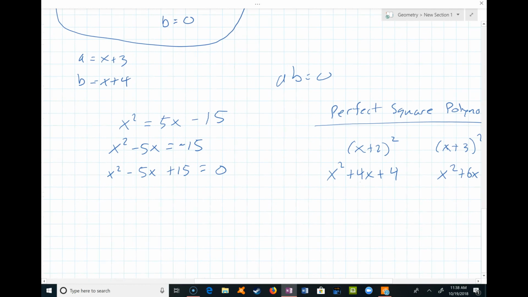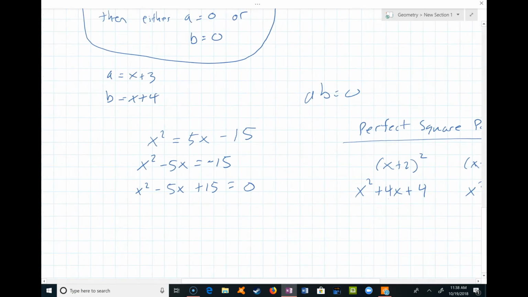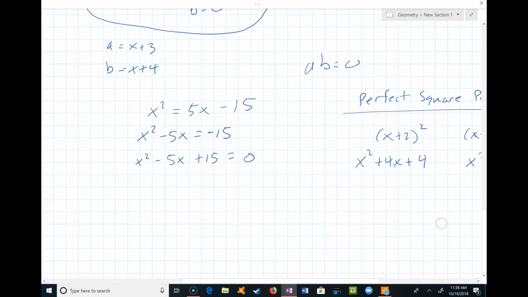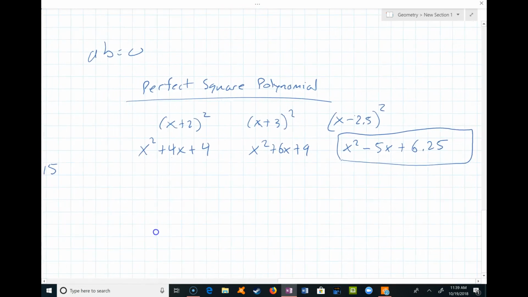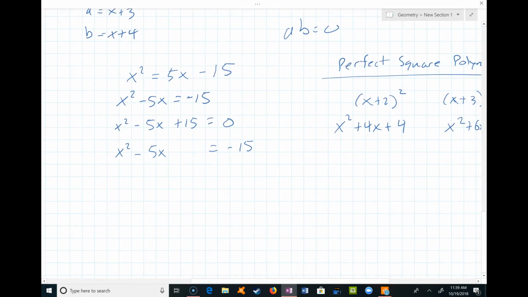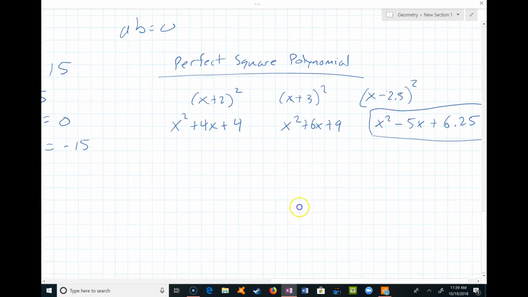Okay. So there's a couple different ways to do this, but one way to do it is just to get that 15 out of there. So this would be x squared minus 5x equal to negative 15, because I subtracted 15 from both sides, right? Because again, what I'm going to do is try to build a perfect square polynomial over here. So what do I want this to be? I want it to be 6.25, right?